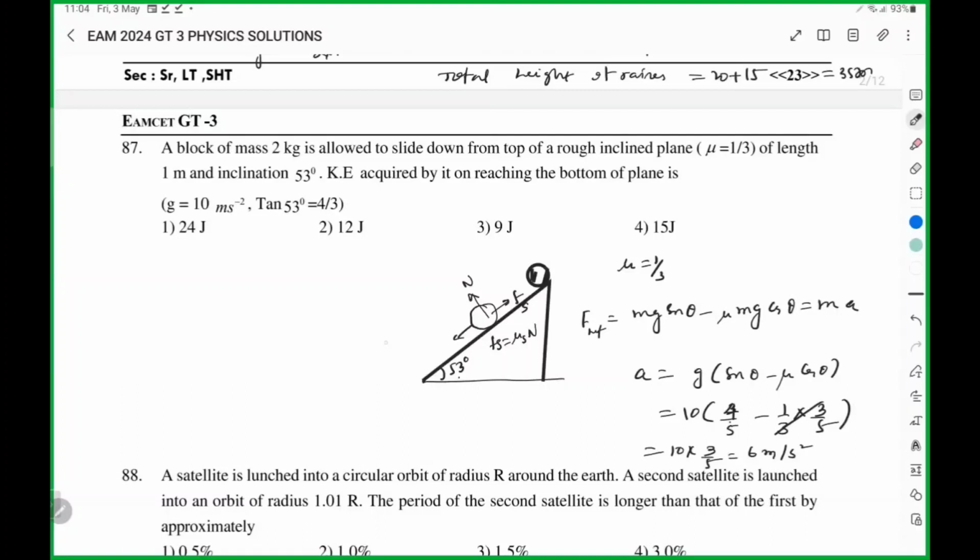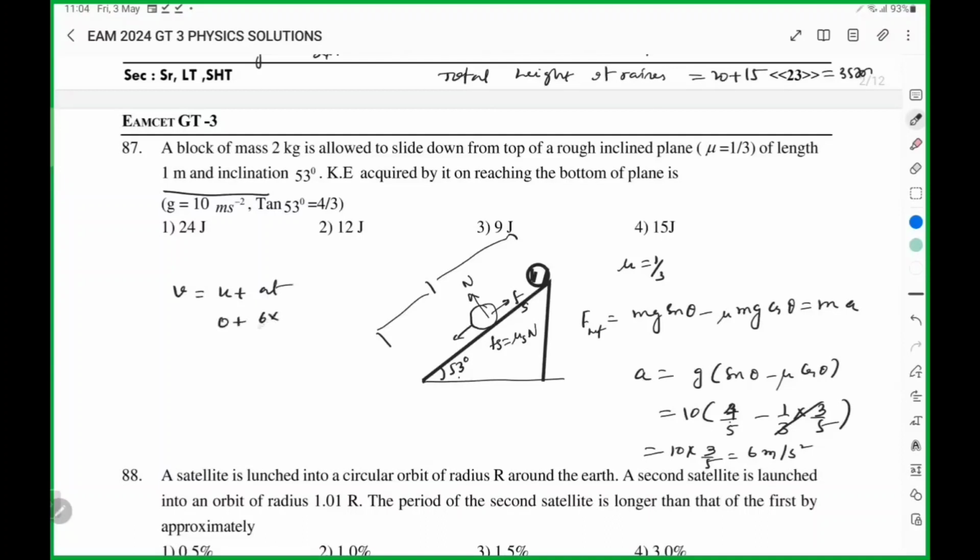He has given the length of the inclined plane as 1 meter. It covers that 1 meter with an acceleration, starting with u equal to 0. Acceleration is 6. We don't require time, right? We want only kinetic energy, so we require velocity.